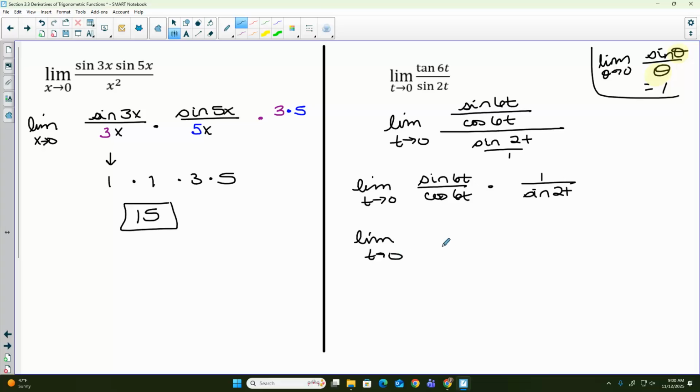What would I do now? Separate the cosine and sine from theta. Okay. Let's take this cosine off. We can pull it over here.